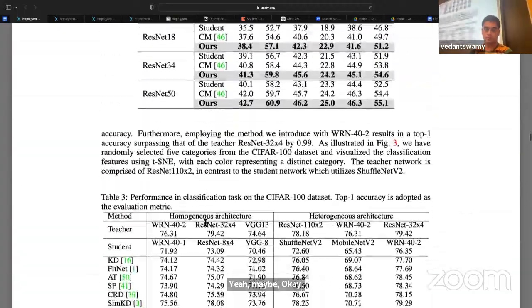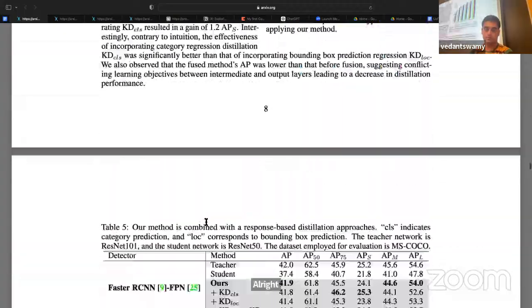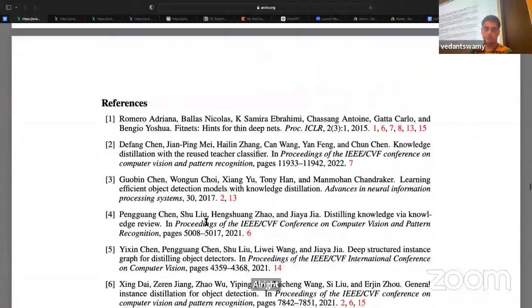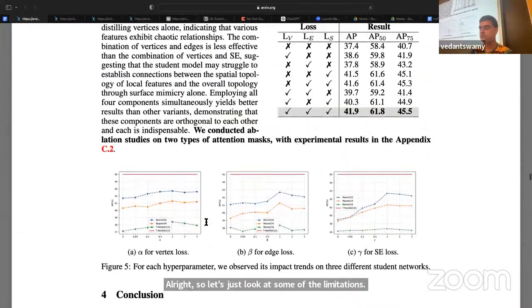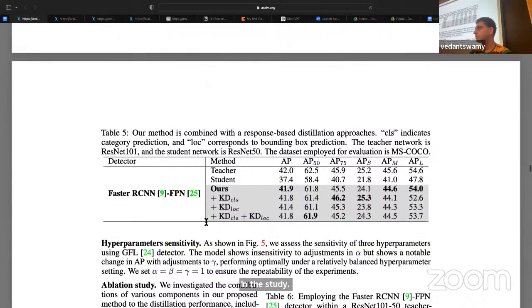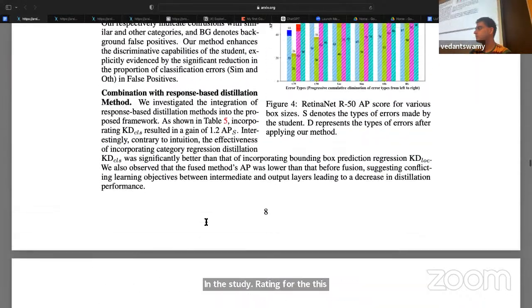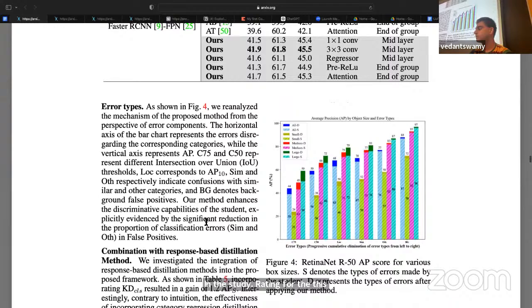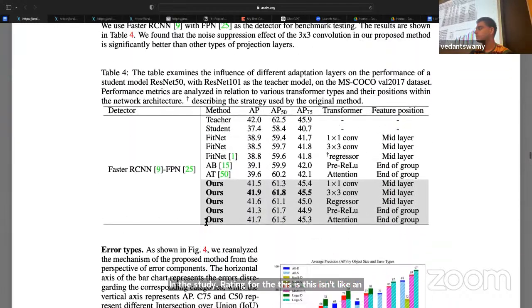All right, so let's look at some of the limitations in this study. How does the training for the distillation work? What optimizer do they use for those results?